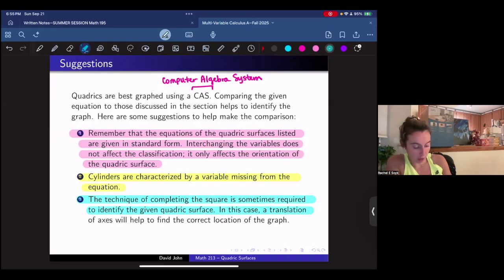So in this case, a translation of axes will help to find the correct location of the graph. And we'll soon see that in our example 6, both A and B, where we may or may not have to complete the square for both or for one of the problems.